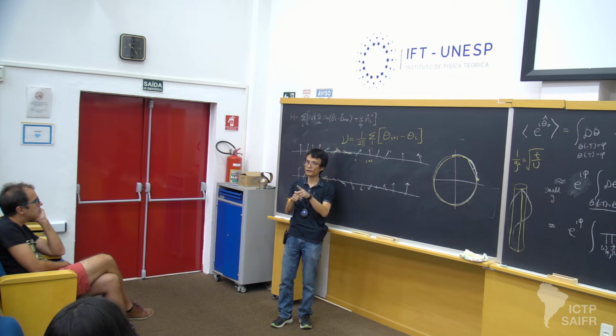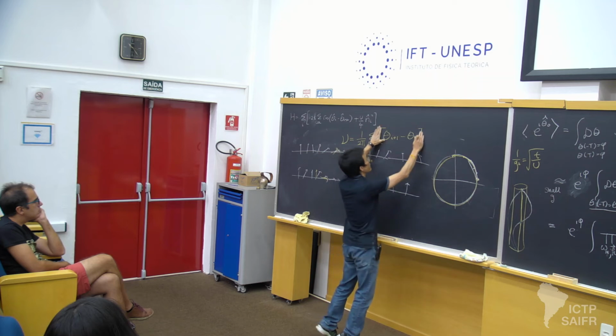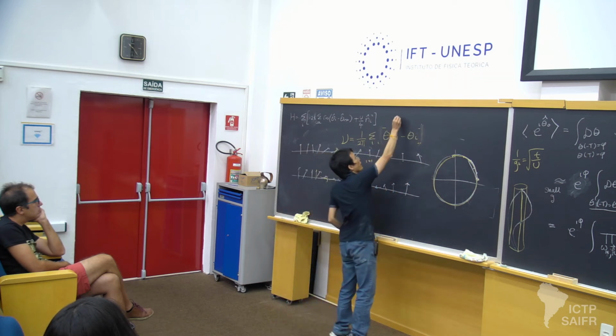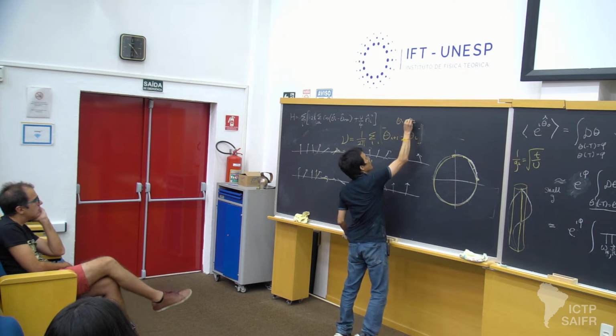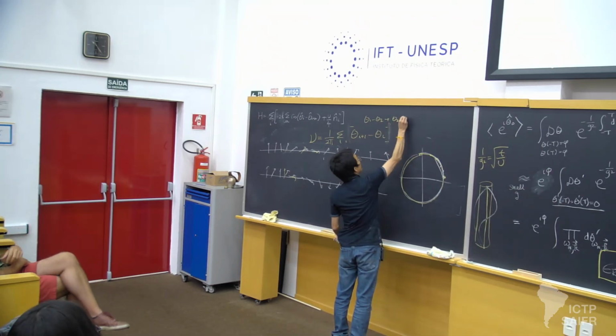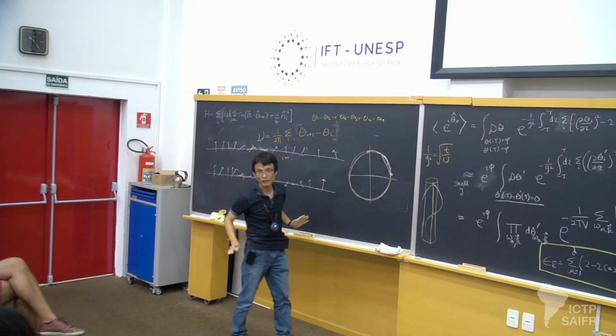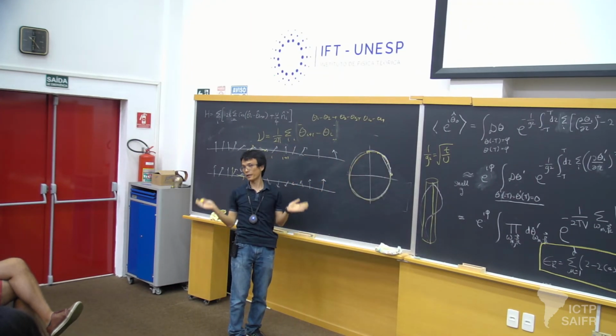Otherwise, if you don't have this, if you just sum them up, you have theta 1 minus theta 2 plus theta 2 minus theta 3, theta 3 minus theta 4. So they all cancel, right? So there you don't see anything.